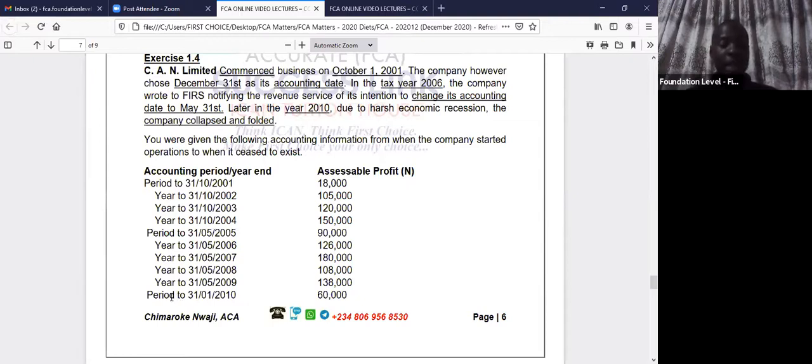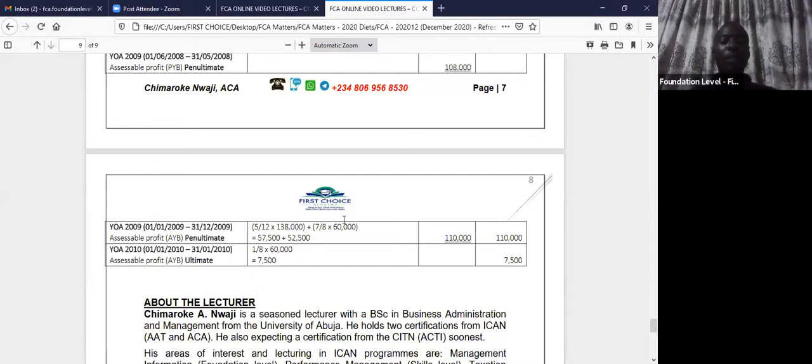But here we are having from June to January the next year. So this is an 8 months period. So we are going to take 7 months out of 8. That's exactly what we did. 7 over 8. Here was 5 over 12. It gives me 110. And we choose the higher one, 110.